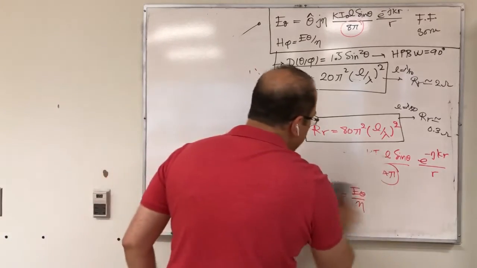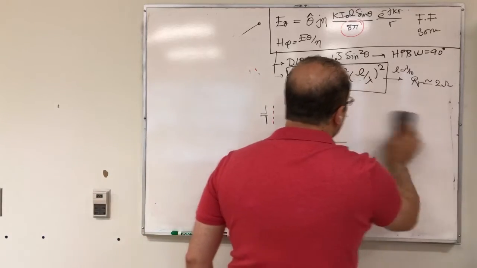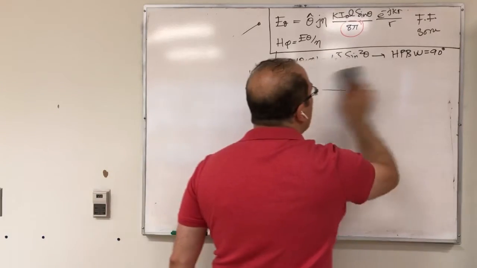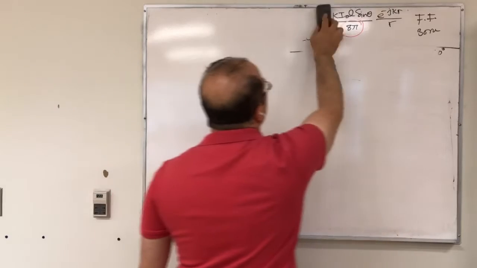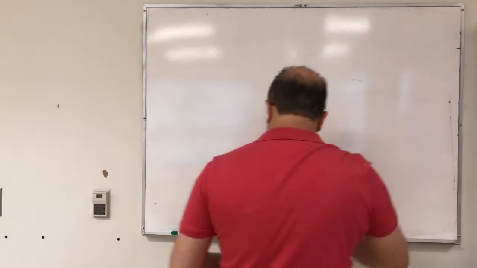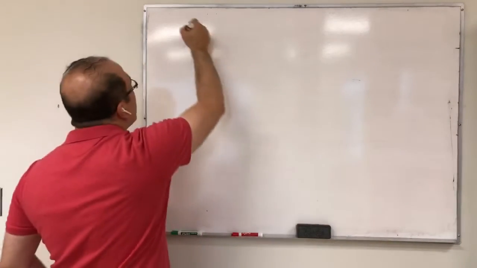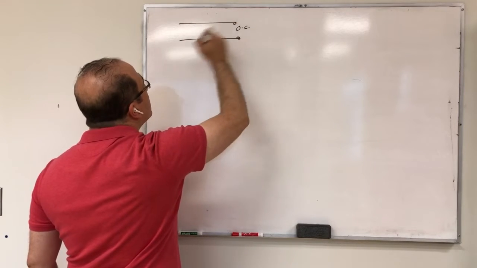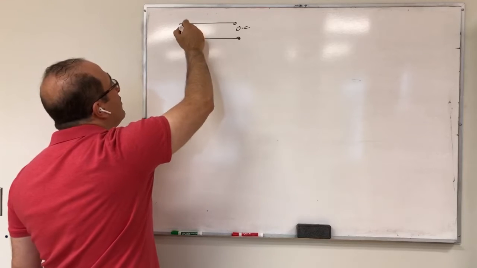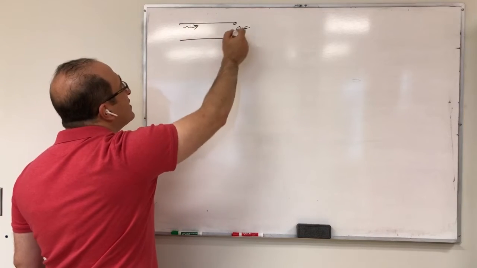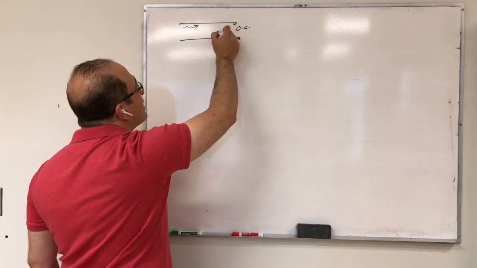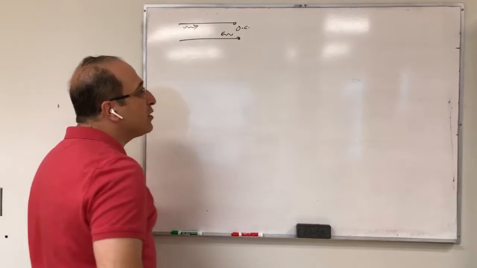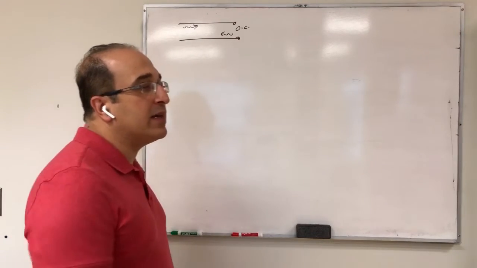The reason we are assuming that it's sinusoidal is essentially that we are starting from our open-ended transmission line. Remember, we have this open-ended transmission line, and this is an open circuit, of course. When a voltage wave travels here and hits the open circuit, it reflects back, and so you're going to have a standing wave.